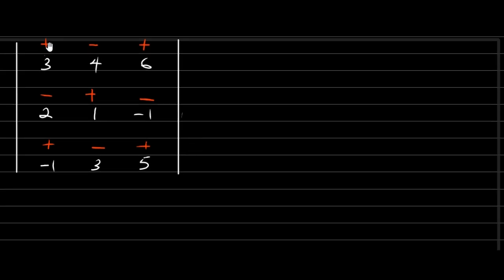Don't forget, we have plus, minus, plus on the first row, minus, plus, minus, the sign just continues like that. Then on the third, we came back to plus, minus, plus. So let's start by expanding across the first row.